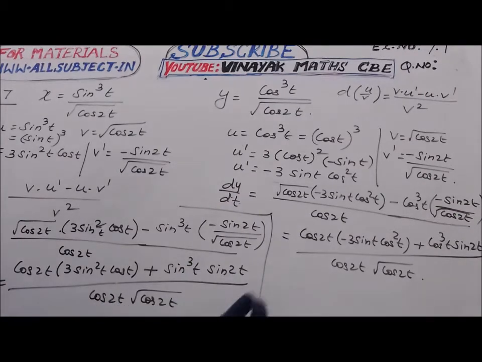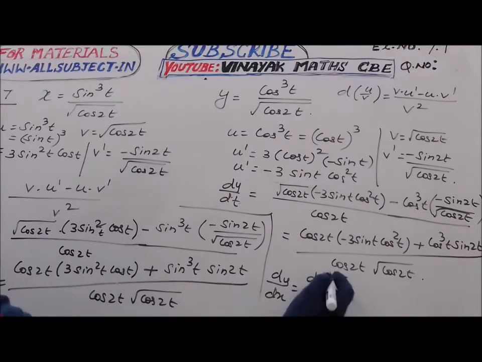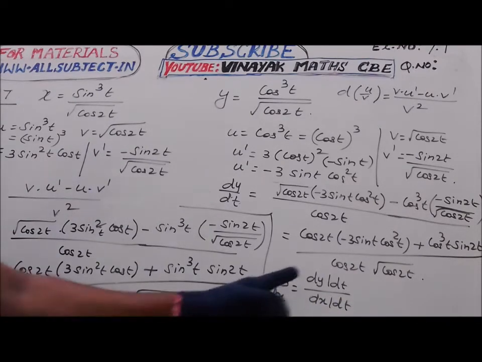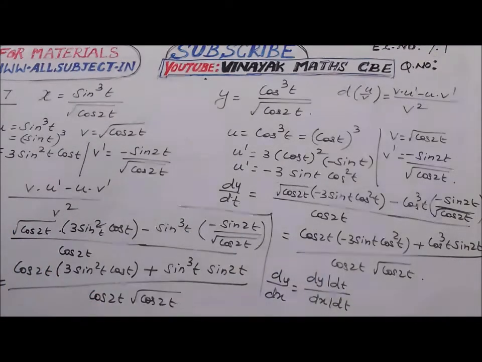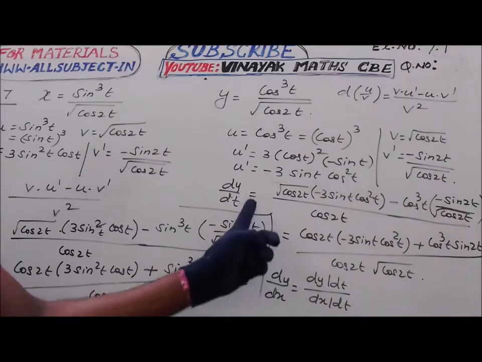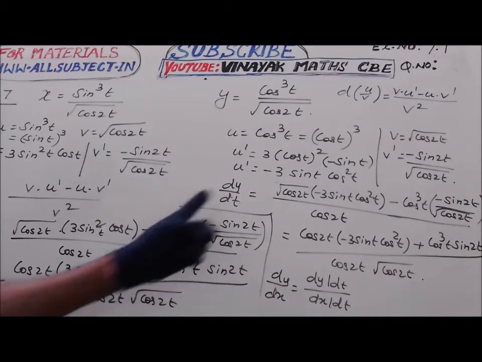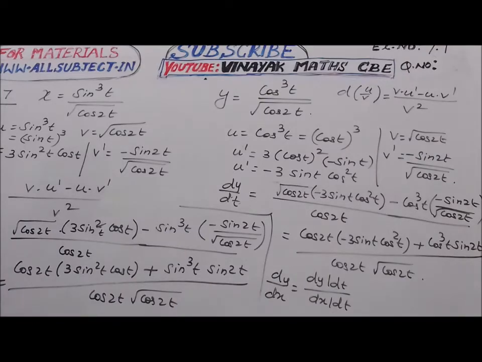So we need dy by dx. To find dy by dx, we should divide dy by dt by dx by dt. So substituting in it the value of dy by dt divided by dx by dt. Look here, both dx by dt and dy by dt have an equal denominator. When we divide, the equal denominator gets cancelled.